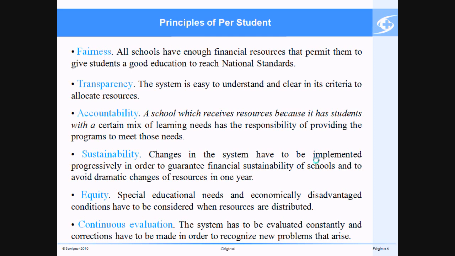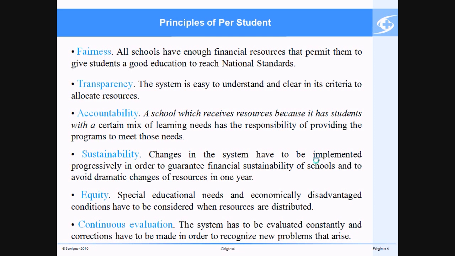Fourth, the system we propose must be sustainable. Changes in the system have to be implemented progressively in order to guarantee financial sustainability of schools and to avoid dramatic changes of resources in one year. Fifth, we must also have a system that promotes equity, one that ensures that those students with special educational needs and those students that are economically disadvantaged will have a fair chance at getting an education.